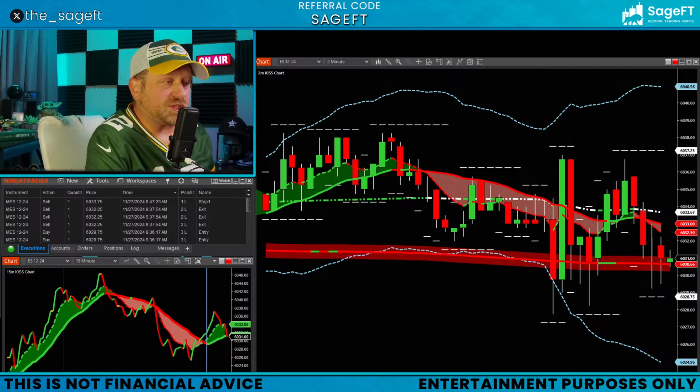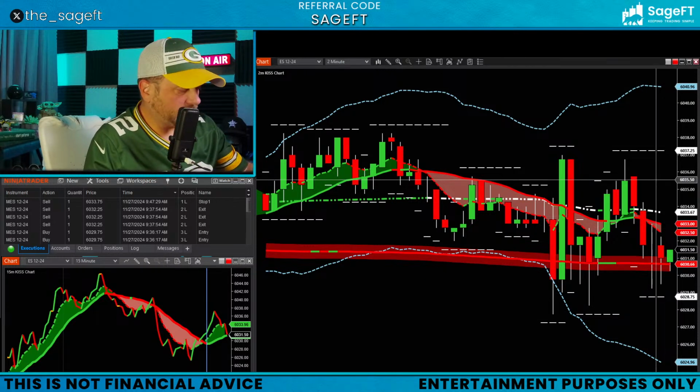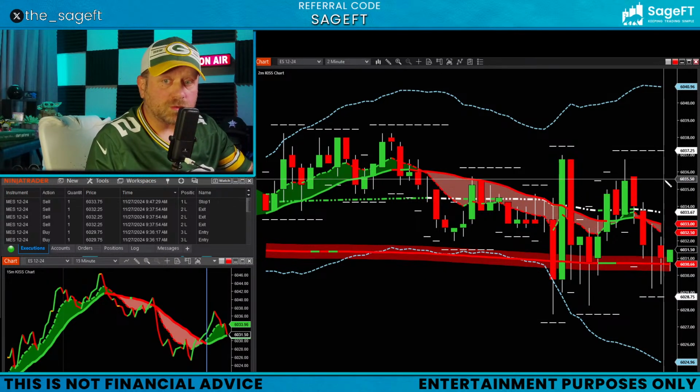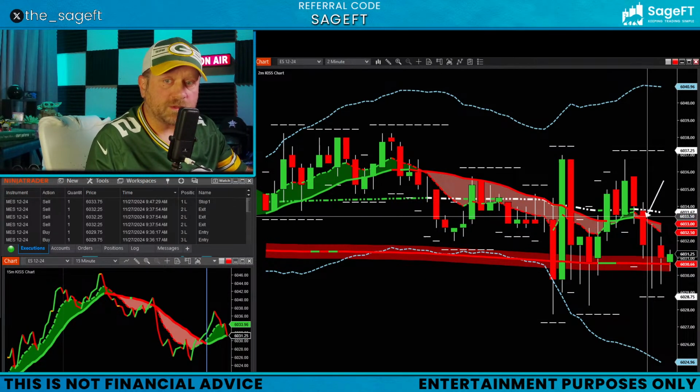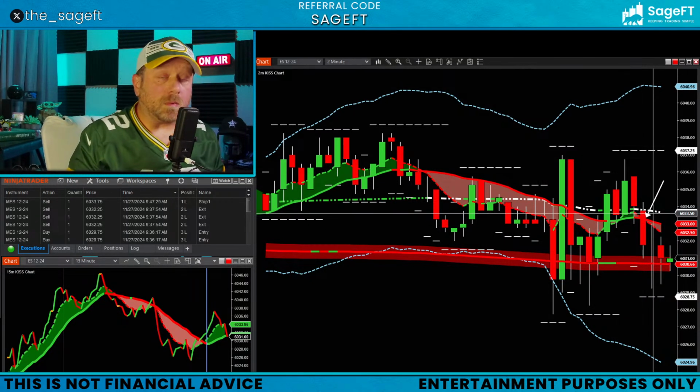Here comes a fresh 2-minute fractal downwards. Do they jump on the train and go? And what I mean by that is you have a fresh, and I'm not saying take a long or a short. I'm not saying that at all. I'm saying that we have the 8 EMA turning down underneath the 20, underneath the VWAP, right? So do they sell it? I don't have the answers.